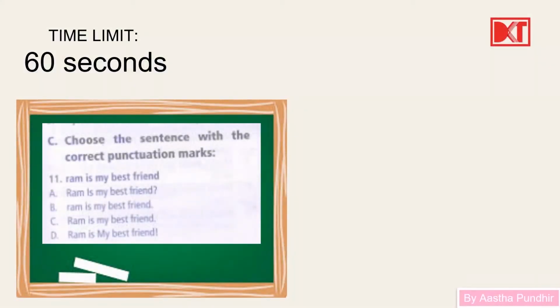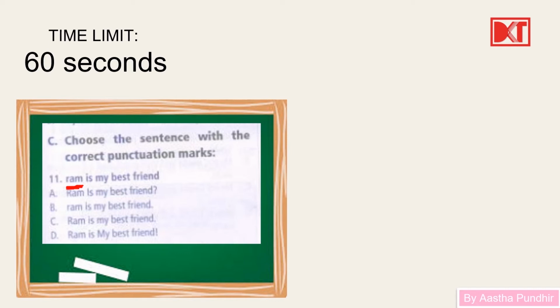Alright, so here choose the sentence with the correct punctuation marks. Here we have to put in punctuation. Let's see. First of all we'll punctuate the sentence on our own, then choose the correct option. Here we are saying Ram is my best friend. First of all, you see here Ram. Ram is a name, it is a proper noun.